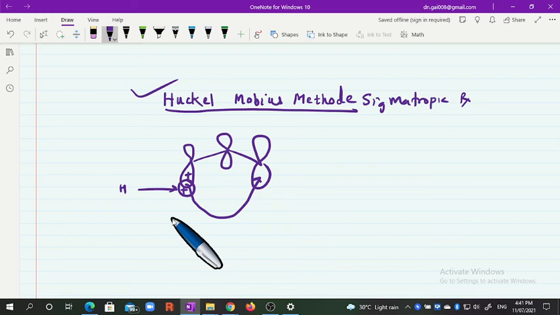If such a migration is from the same lobe to the same lobe, the bottom orbital lobe to the bottom orbital lobe, then it is considered a suprafacial migration.